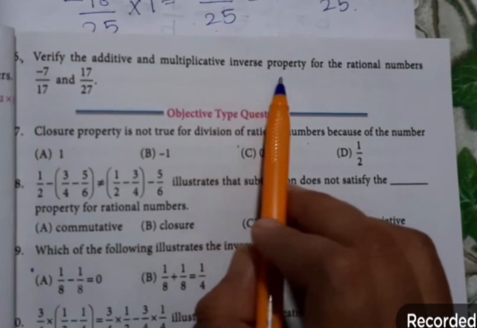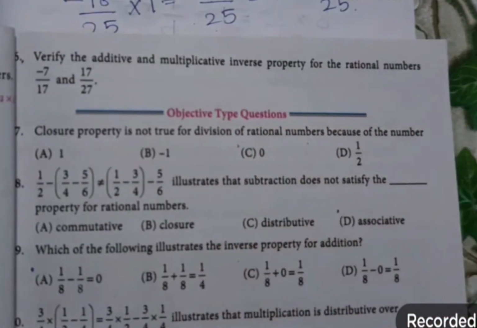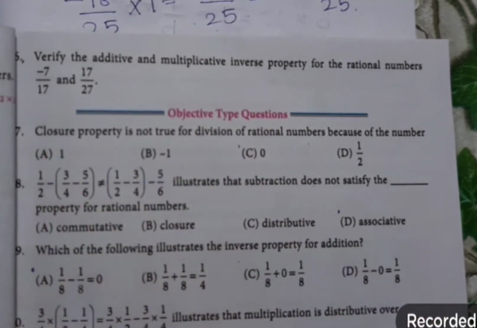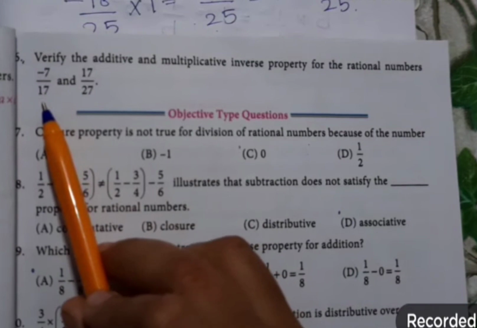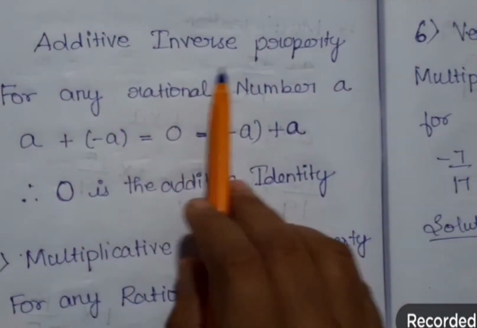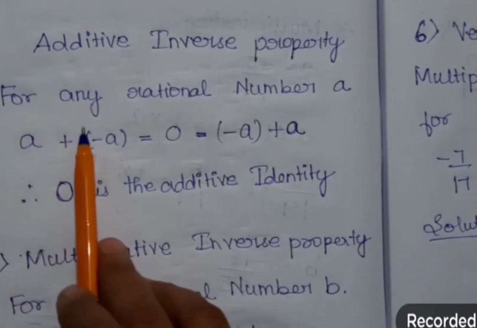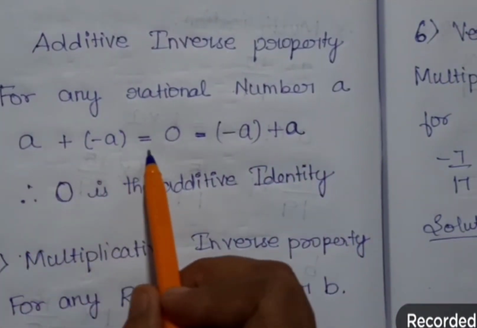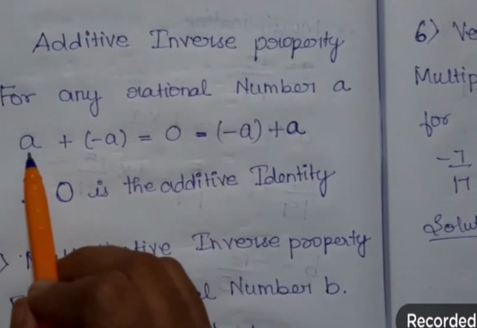Last question. Verify the additive and multiplicative inverse properties for the rational numbers minus 7 by 17 and 17 by 25. So you have to check the inverse properties using these two numbers. Additive inverse property: for any rational number a, a plus minus a is equal to 0.